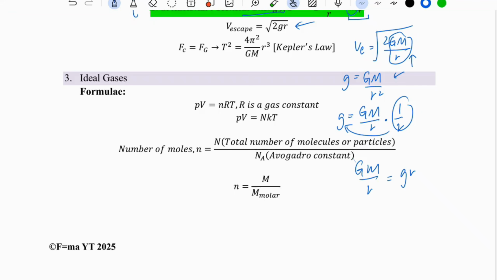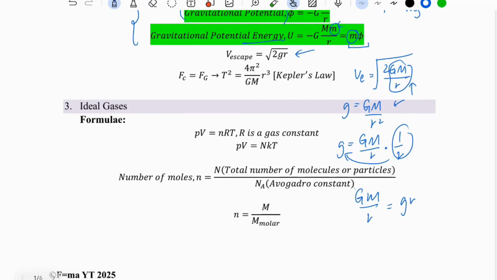Am I right? So when you substitute gr inside here, you will get square root of 2gr, because GM over r is gr. So that is how you get this formula. If you can remember this, just stick to that. It's the same. Or if you want to remember this, it's also okay. Stick to whatever you're familiar with.